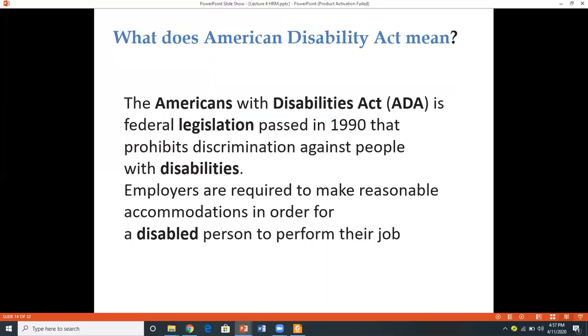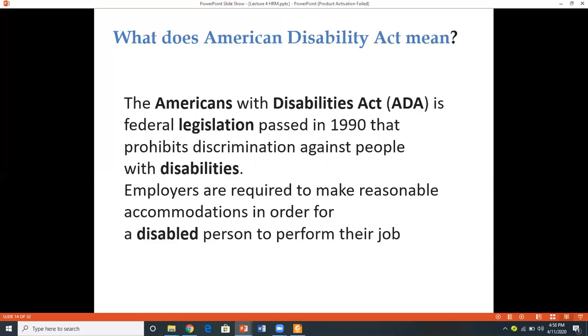What does the Americans with Disabilities Act mean? The Americans with Disabilities Act, ADA, is federal legislation passed in 1990 that prohibits discrimination against people with disabilities.